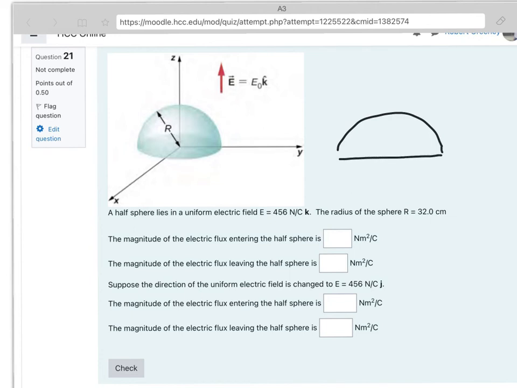And that half circle where you sliced it, I don't know how to draw the slice, forget about it, is normal to the surface. So you can just do EA cosine theta, and so the flux entering will be equal to the flux leaving, and without doing an integral, you can just do EA cosine theta for that half circle. So that's another tricky visualization.